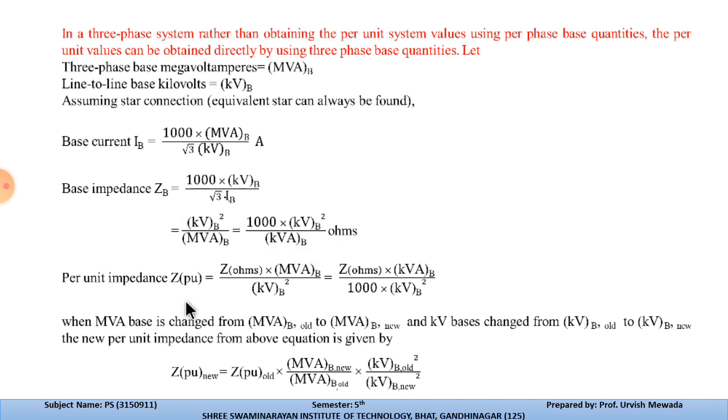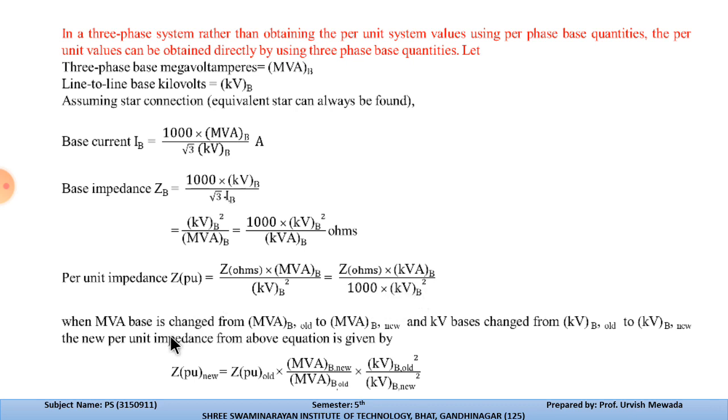So per unit impedance Zpu, from the previous section, is Z in ohms multiplied by MVA base divided by KV base square. By placing the values of all these quantities, Z ohm into KVA base is converted into 1000 into KV base square.